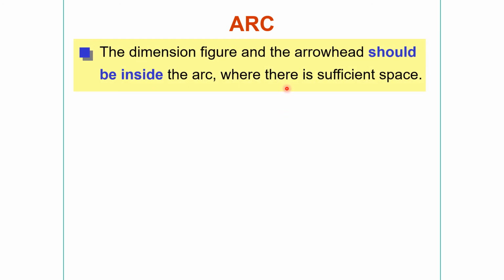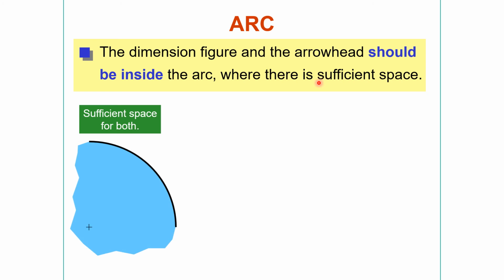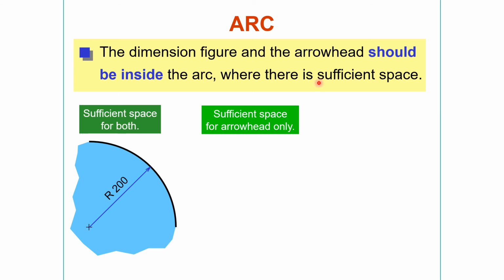The dimension figure and the arrowhead should be inside the arc where there is sufficient space. Sufficient space for arrowheads.